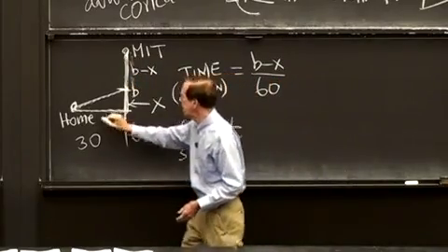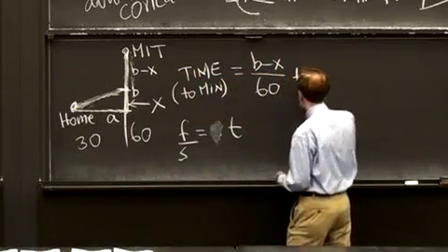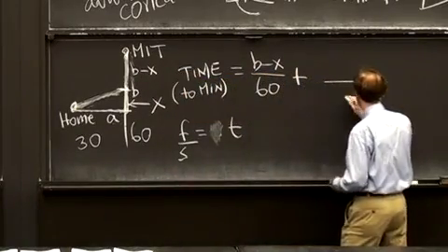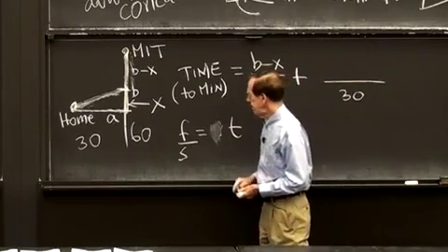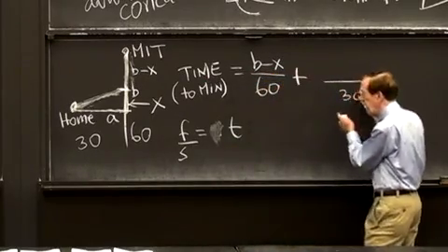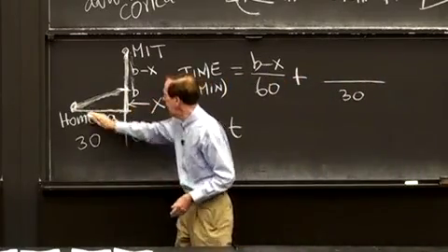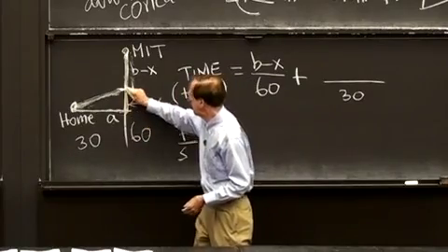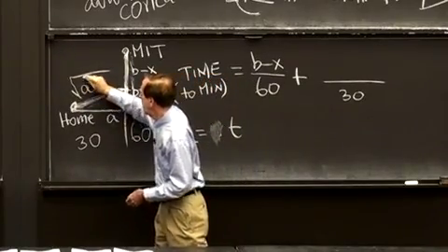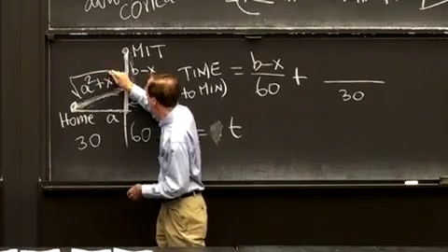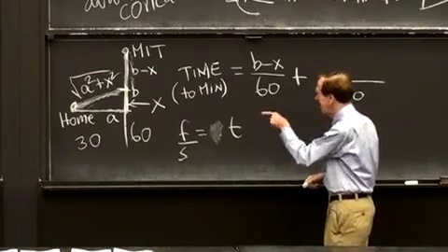And now I have the distance on the city streets. Okay, so that speed is going to be 30. So the time is going to be a bit longer for the distance. And what is that distance? Okay, that was A, this was X. Pythagoras is the great leveler of mathematics.